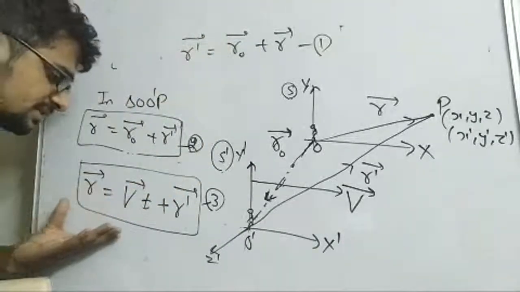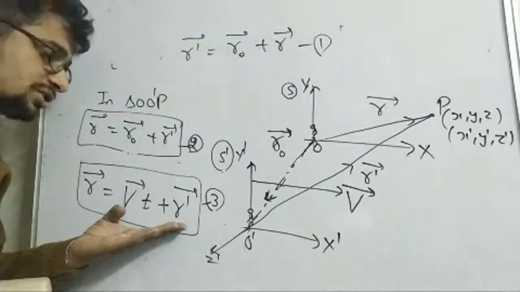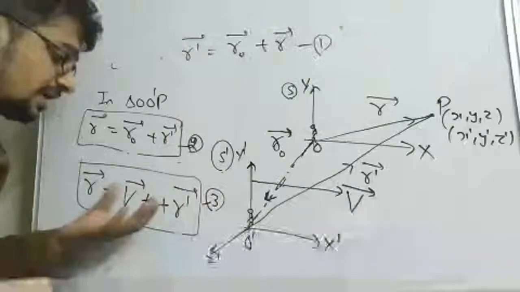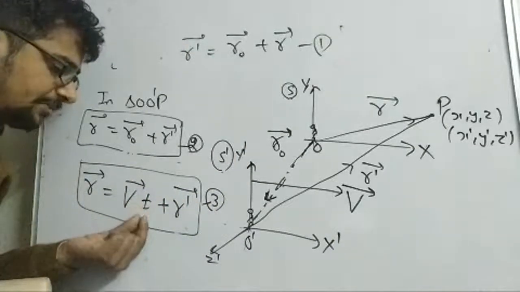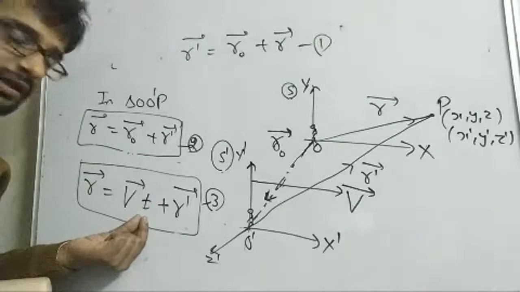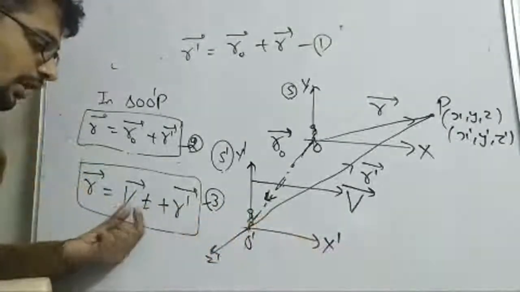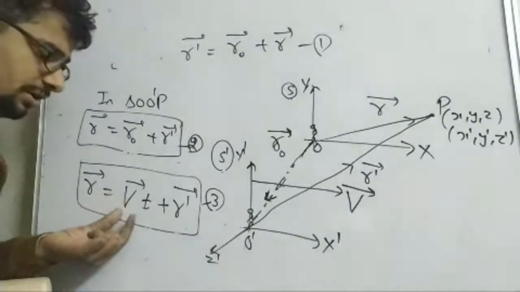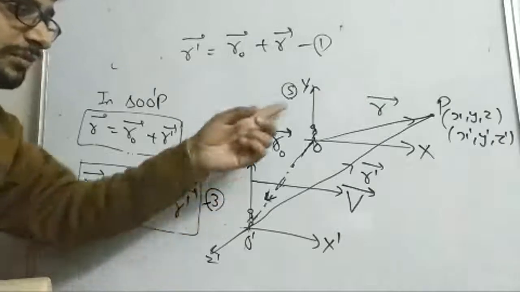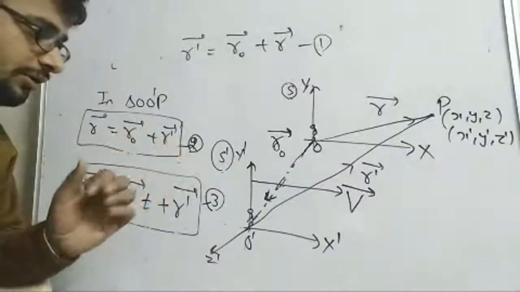But this equation is also a relation between two systems, but it is time dependent, because here time t is available and time is increasing. Okay, now this equation is known as the time dependent position relationship between two frames of reference.